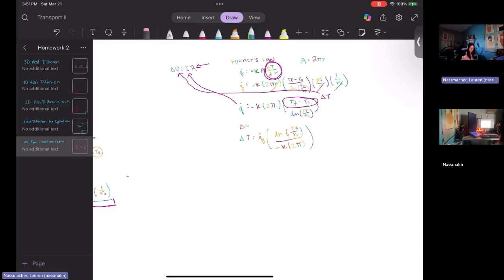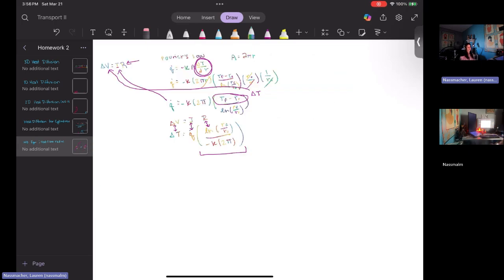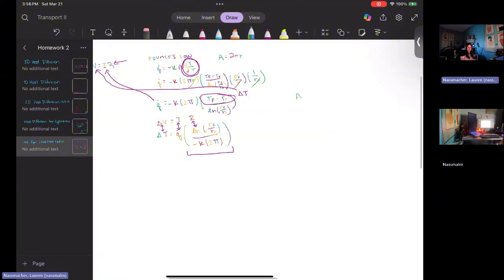So our change in voltage is equal to our current multiplied by our resistance. Our voltage is analogous to our temperature, our current is analogous to our heat flow, and our resistance is analogous to this entire expression. Now, if you've been very observant through this entire process, you'll notice that I did not add a variable that is important to this equation. What variable is that? Well, we have our area, which we said is 2 pi r, which is correct.